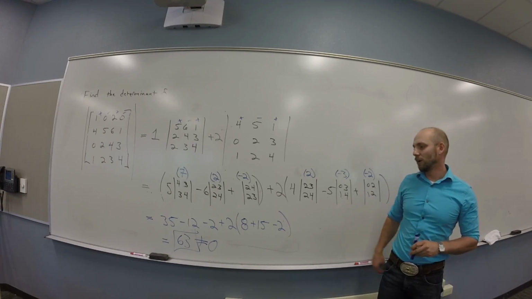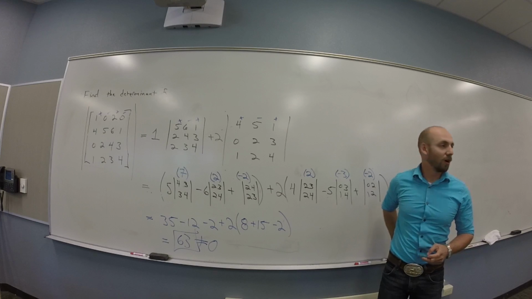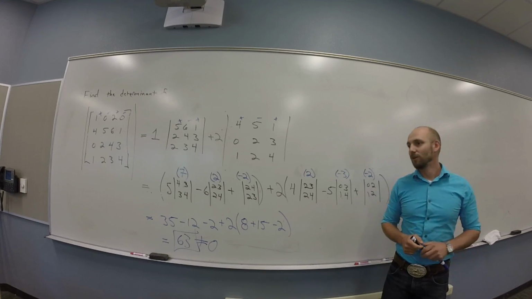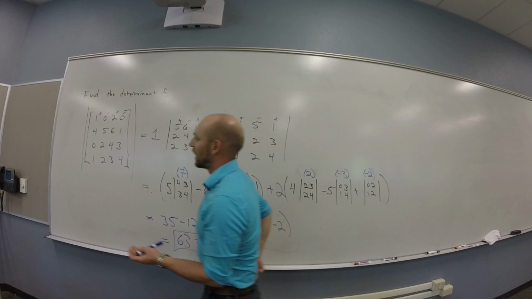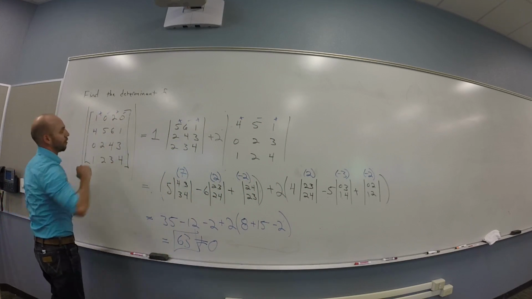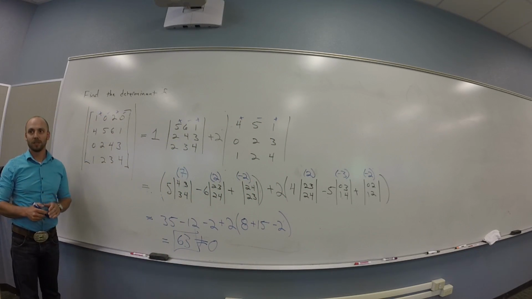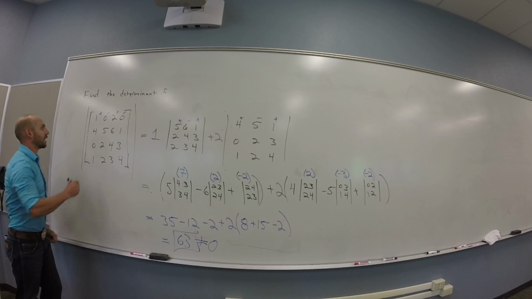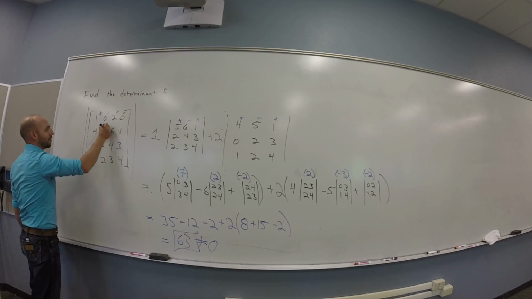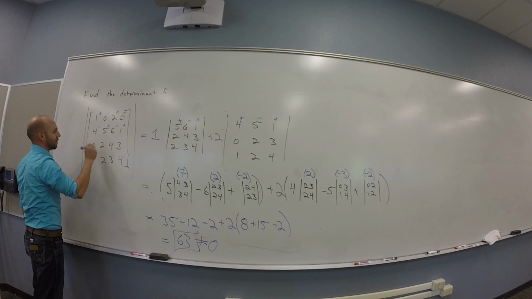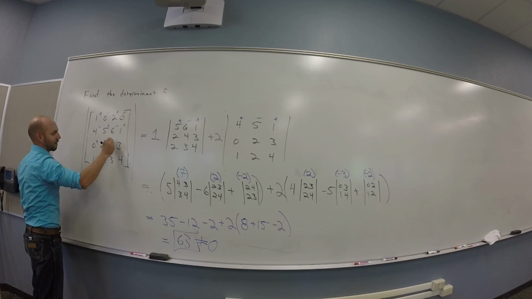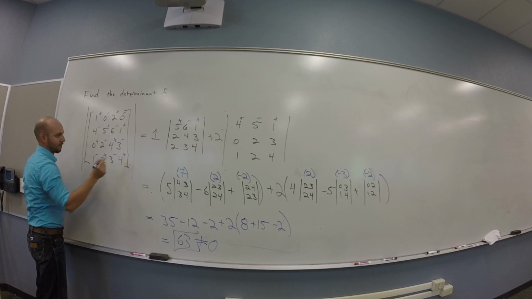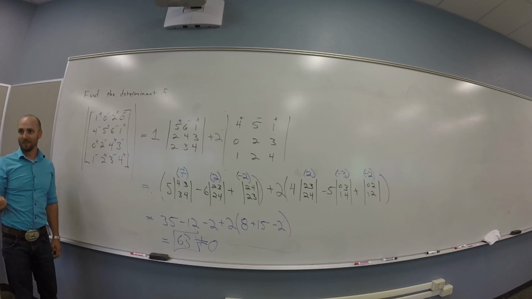Okay, so we should talk about Donald's picking intelligent rows thing. Instead of just doing the top row here with alternating plus and minuses, I can alternate those all throughout, like a checkerboard.